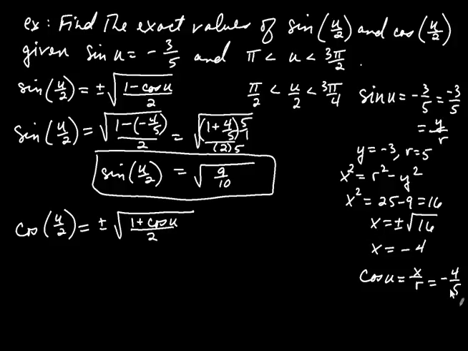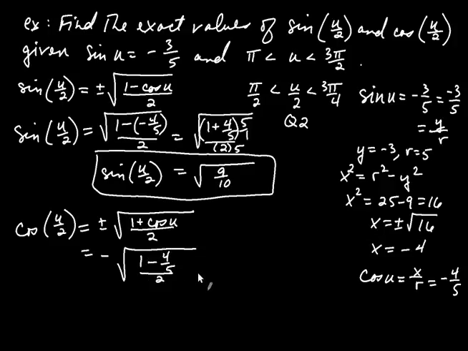We have that, once and for all, it's negative 4/5. That's the good news. But you have to decide between positive and negative. Remember, u over 2 was in quadrant 2, and in quadrant 2, cosine of that angle is negative. So it's going to be negative square root of 1 minus 4/5 over 2.